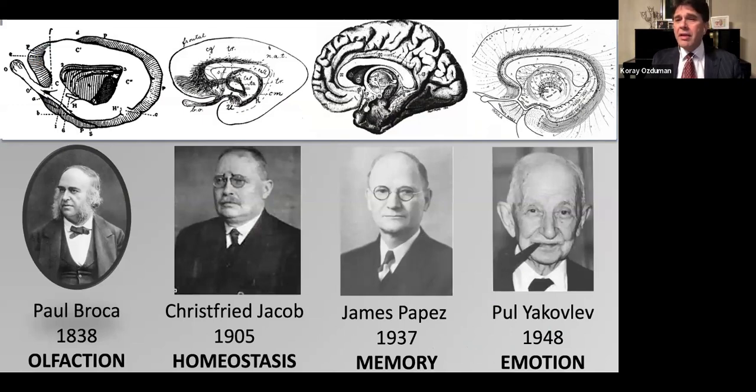Broca, in 1838, told us that the limbic cortex is mainly concerned with olfaction, with smell. Then, in 1905, another German scientist, Christfried Jakob, realized that different portions of this limbic cortex, what Broca called the great limbic lobe, were very much interconnected with each other.